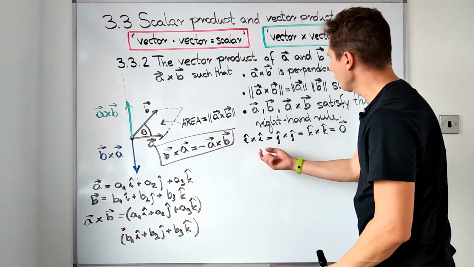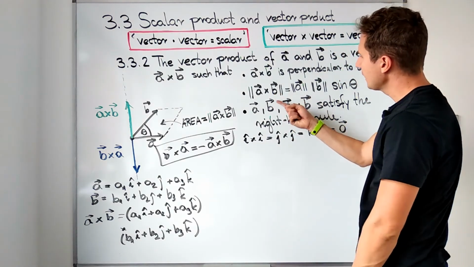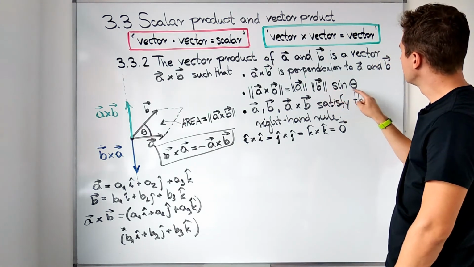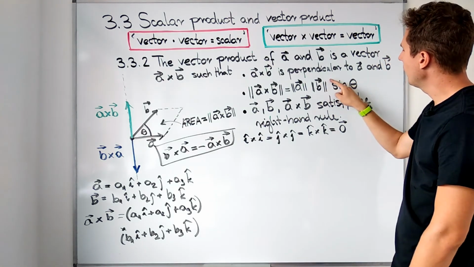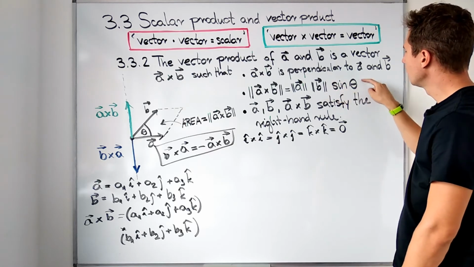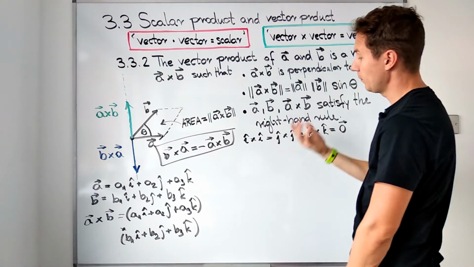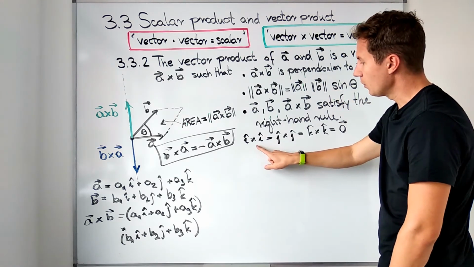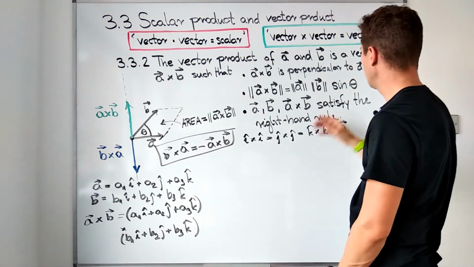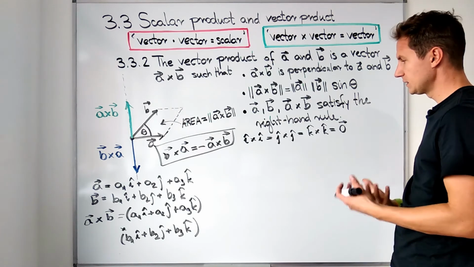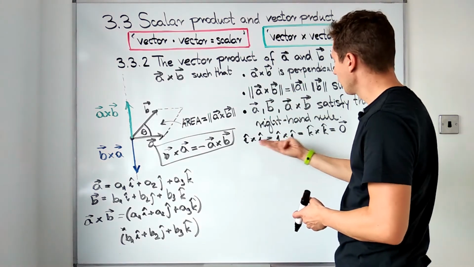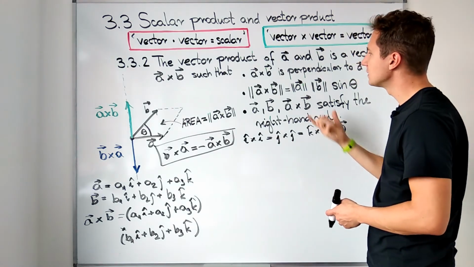Why? Because the length of this vector product should involve the sine of the angle between these vectors, between the vector with itself as a factor. So of course the angle between a vector and itself is 0, so that will give us the sine of 0, which is 0. So the only vector that has 0 length is the 0 vector. Okay, and it's true in general.